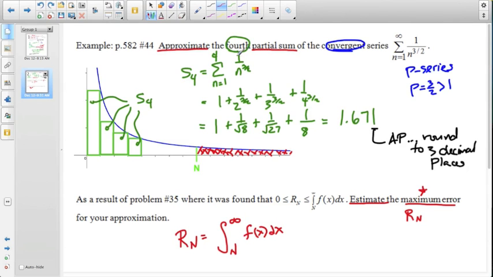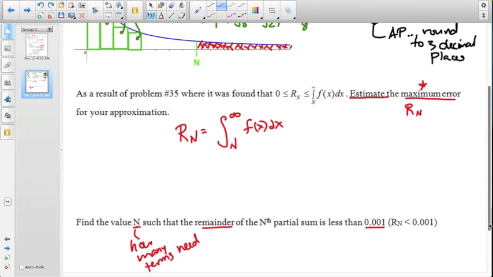So for this particular problem, if we were to look at the fourth partial sum, which is 1.671, the maximum error would be to sum up all the way back to here. So this is your R4.